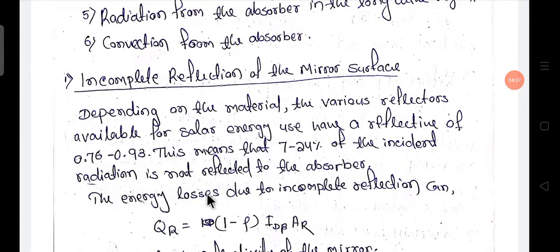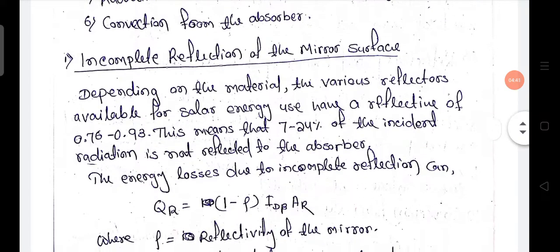The energy loss due to the incomplete reflection can be this much. Various materials or reflectors are used in the parabolic or all the concentrating collectors, and that material has a reflectivity from 0.76 to 0.93.